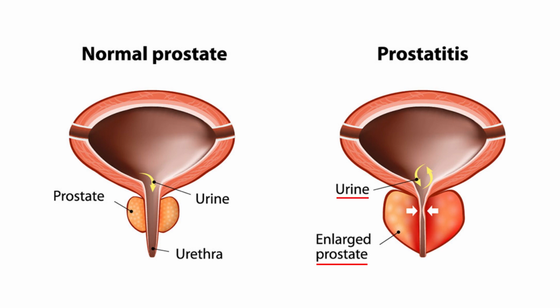So the urine that normally sits in the bladder has a difficult time coming out of the bladder into the urethra. As you can see here on this part of the diagram, when the prostate is normal size, there's no compression, but once you have inflammation, that compression is illustrated here.